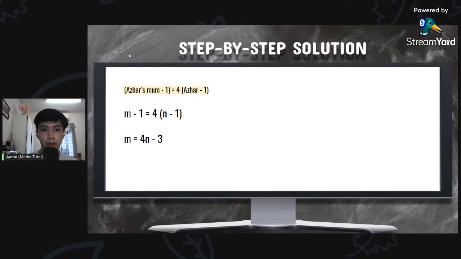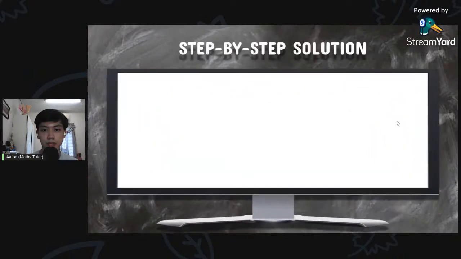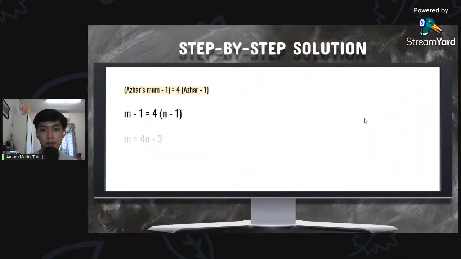But do remember, let's see the question again. The question says state the age of Azhar's mom 7 years later. 7 tahun lepas. So if 7 years later, we need to tambah 7. So we have Azhar's mom is m equals to 4n minus 3.